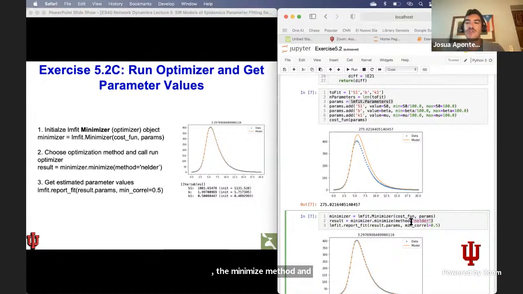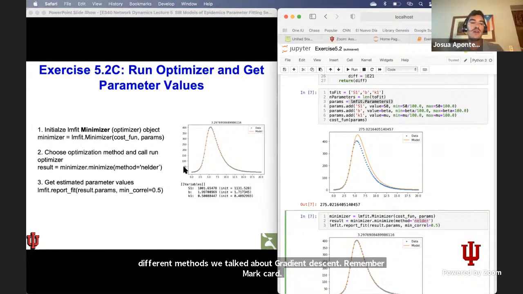And the method that I'm choosing here is called Nelder. Does this one sound familiar based on what we talked about earlier? Well, first question, is this local or global? We mentioned 5 different methods: gradient descent, Levenberg-Marquardt, simplex method, simulated annealing, and genetic algorithm.